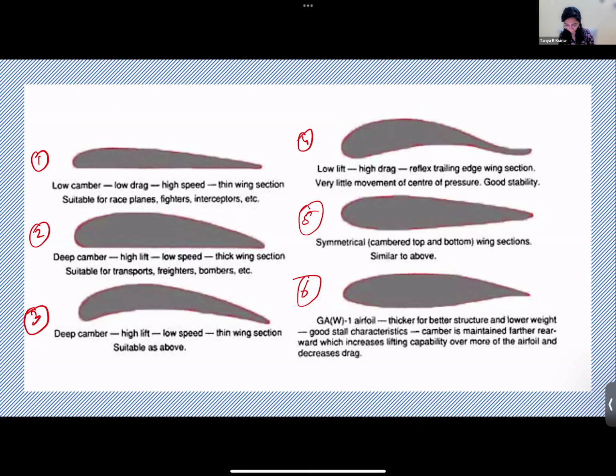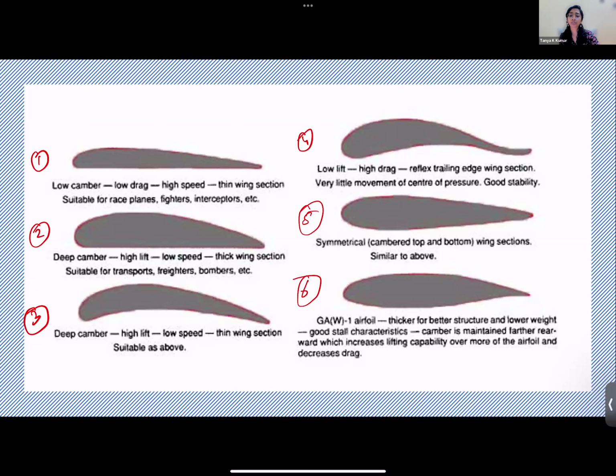In this case, I think 1, 2, 3, and 5 airfoils. What is airfoil number 6? The 5 airfoil is a symmetric airfoil, which we use for the tail and the rudder, vertical tail, horizontal tail. All these cross sections are generally symmetric airfoils. Low camber, deep camber, we have seen all these types of airfoil.